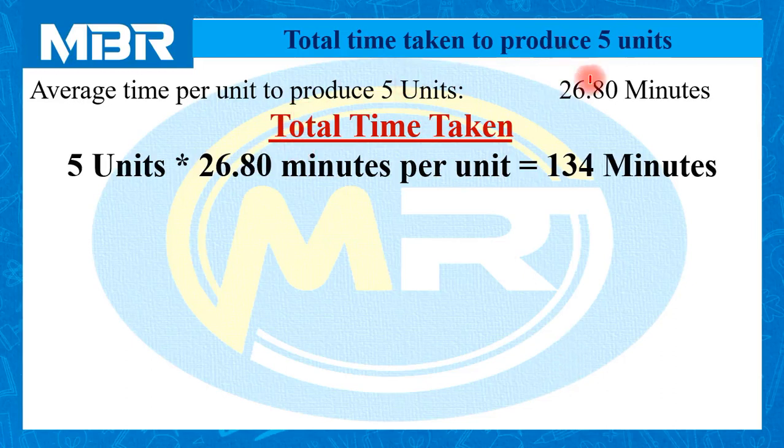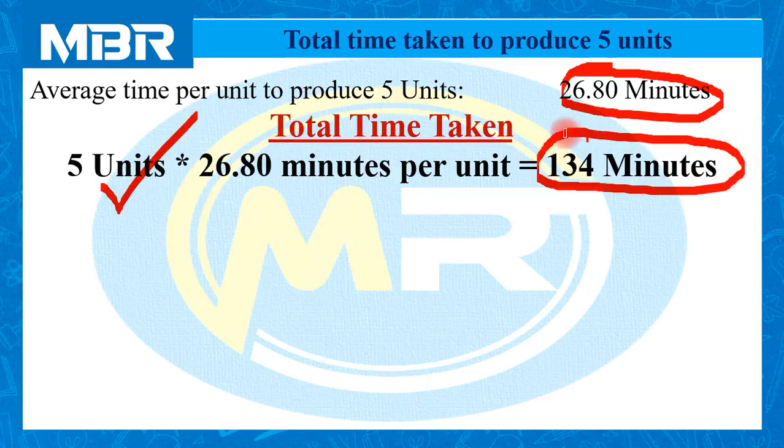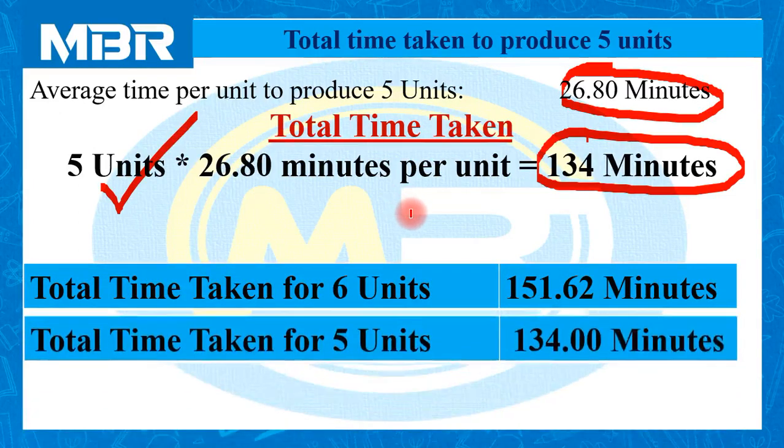Now using this information, we need to calculate total time taken to produce 5 units. As per our calculation, we need 26.8 minutes per unit, and for the manufacturing of 5 units, we need a total time of 134 minutes. Now, in this way, we have to calculate total time taken for the 6th unit.